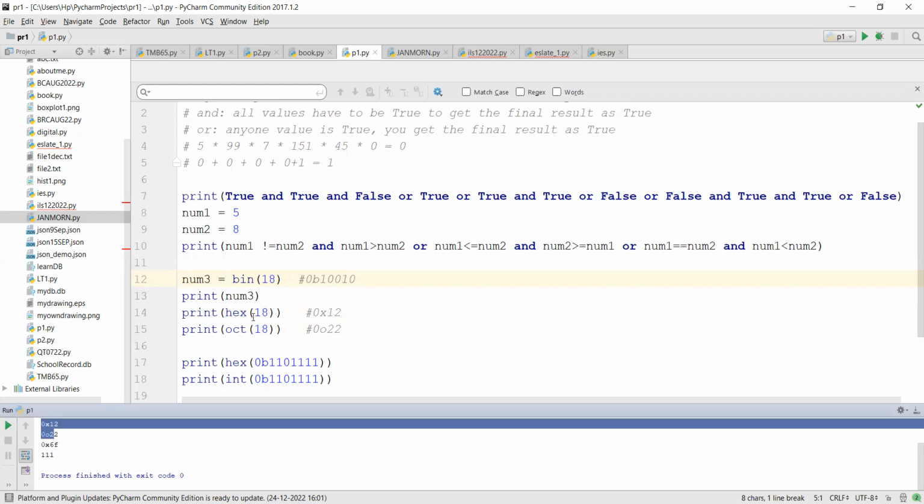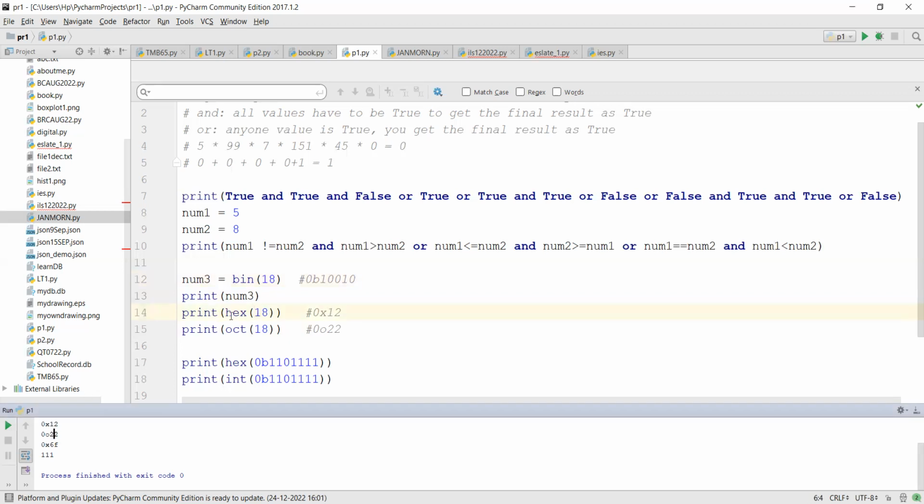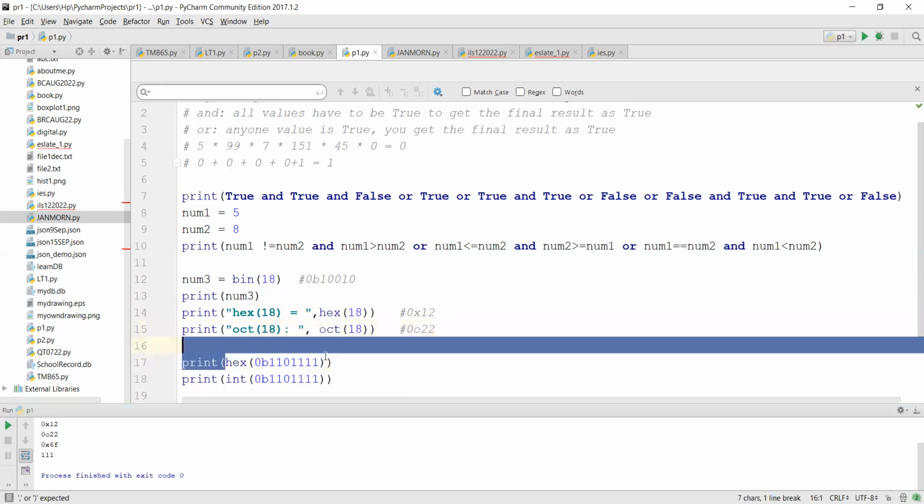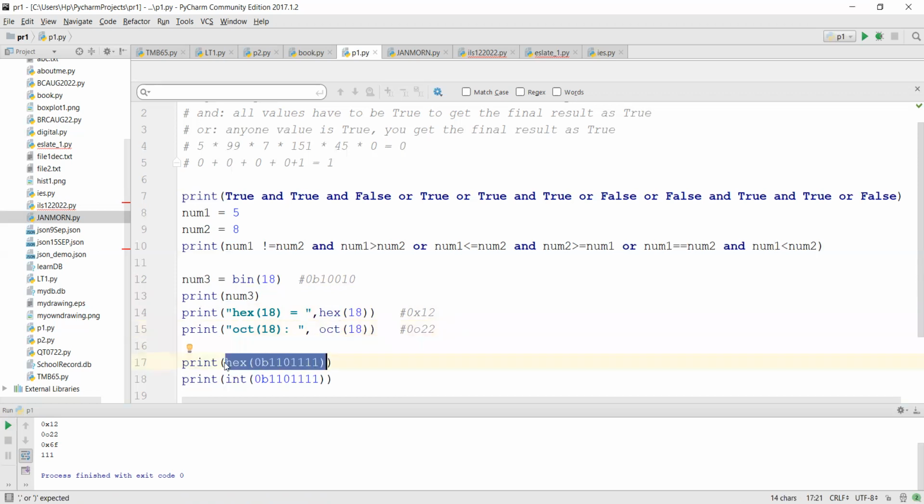This is coming from here, no? hex, oct, hex of 0b, int of 0b.